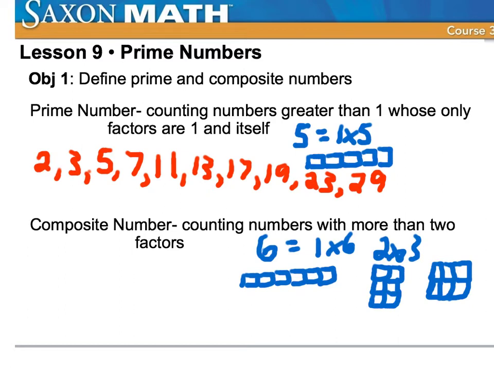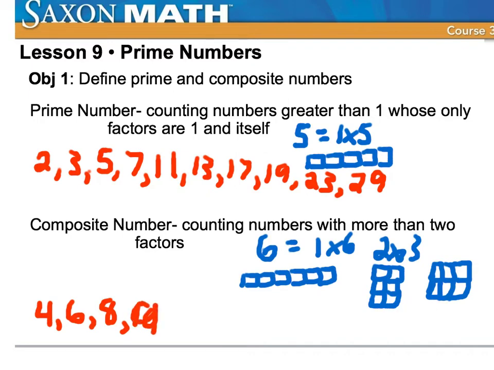And then, let's name the first 10 composite numbers. First 10 composite numbers are 4, then 6, then 8, and then 10, then 9.